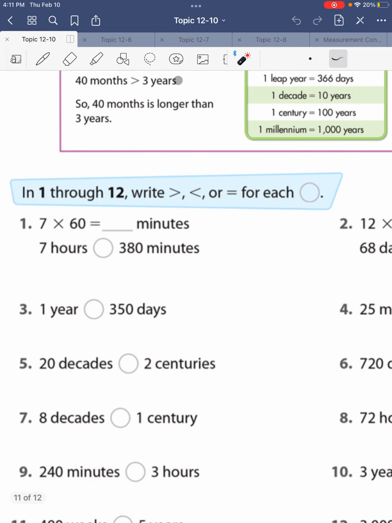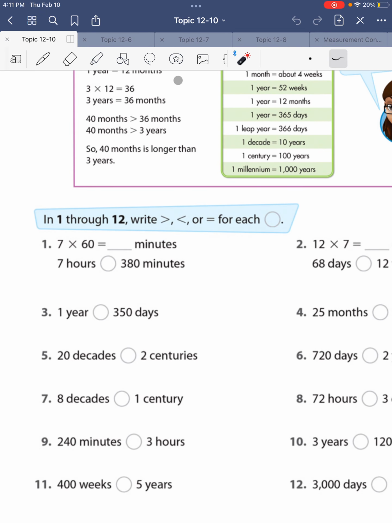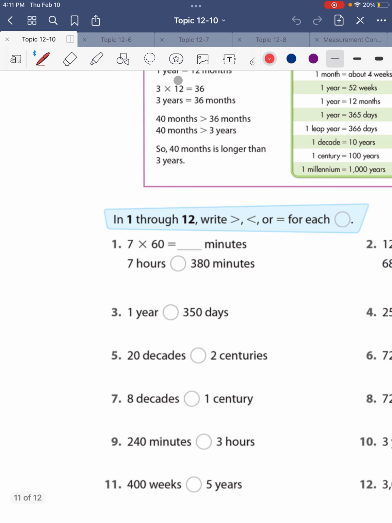Number 1, I have 7 times 60, and they're kind of showing me how to do it already. They're saying you're going to have to multiply 7 times 60. I have to see which one's more, 7 hours or 380 minutes. I'm going to do hours first because hours is bigger.